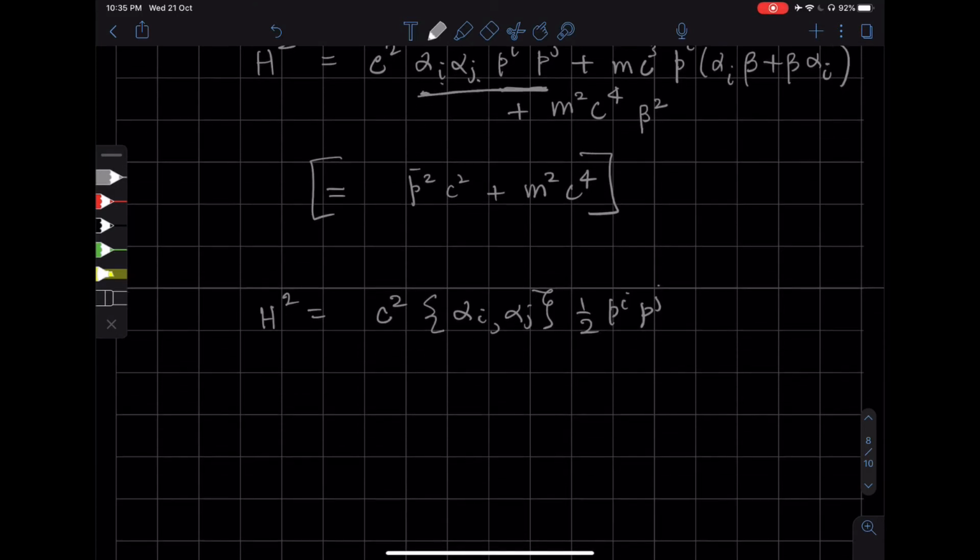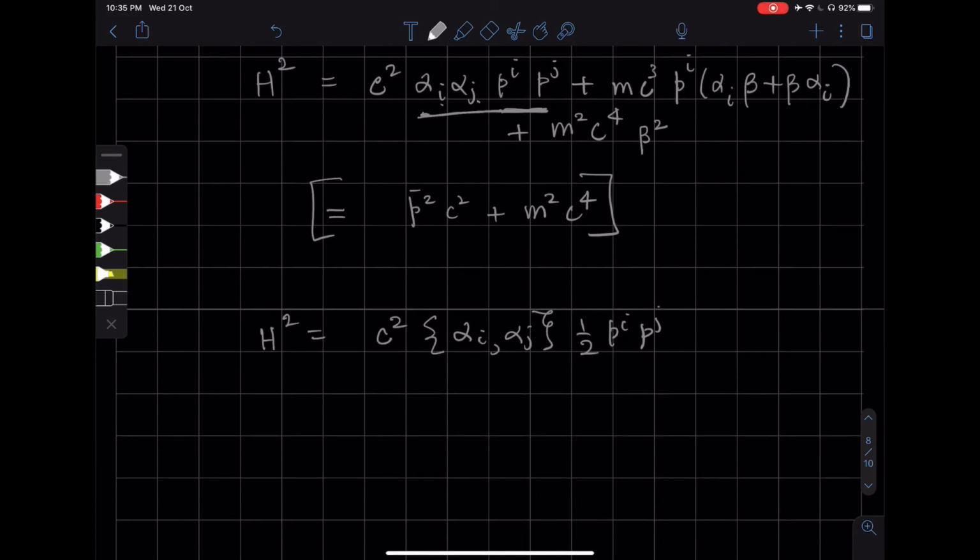And the second term we can write as m c cubed p_i, an anti-commutator of alpha i and beta, and the third term, we just leave it as it is.